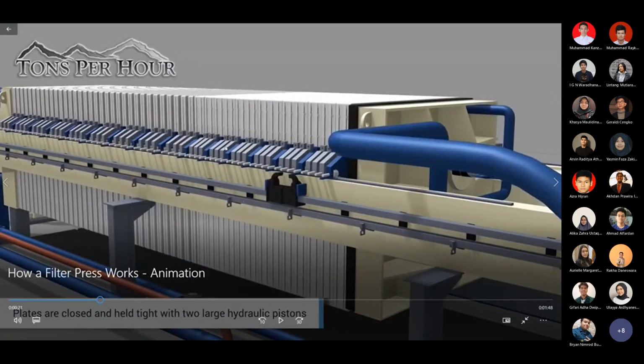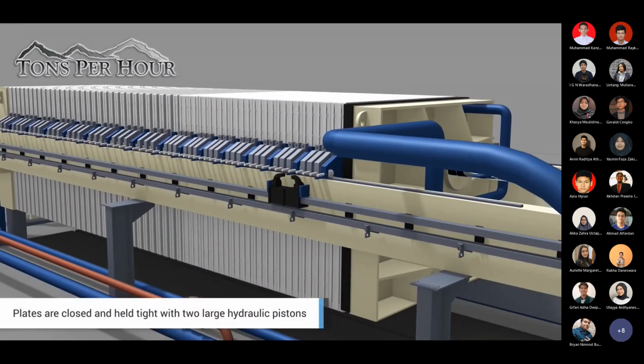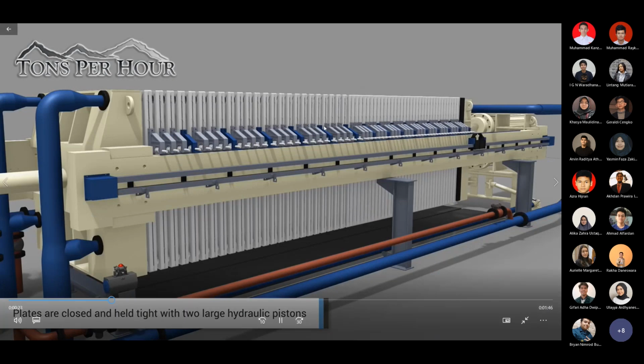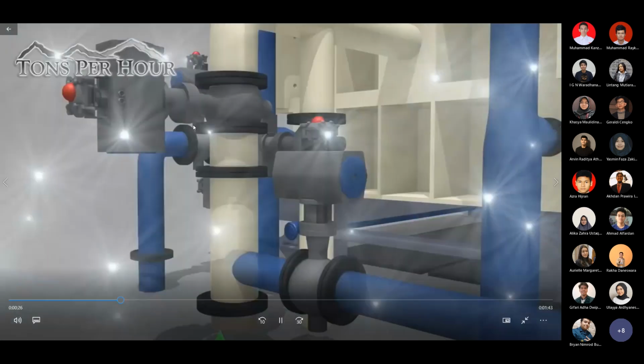See the movement of the plate. Now the right part over here is becoming very tight, whereas the left part of the filter is still loose, but it will be tightened. Now it gets tightened towards the left and right.